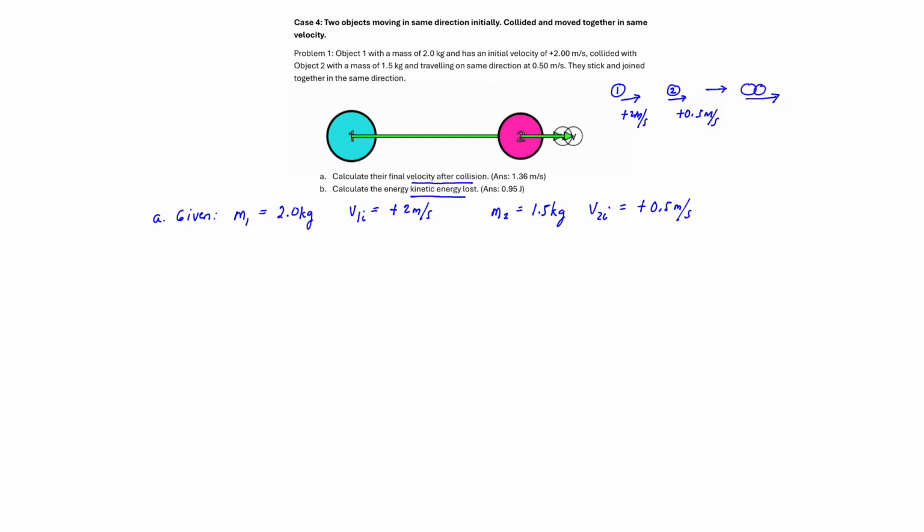And so the next question here is, what is the required? Required is their final velocity when they join together. And so what is our first useful equation? Of course, we have the conservation of momentum equation: m1v1 plus m2v2 is equal to m1v1 plus m2v2.